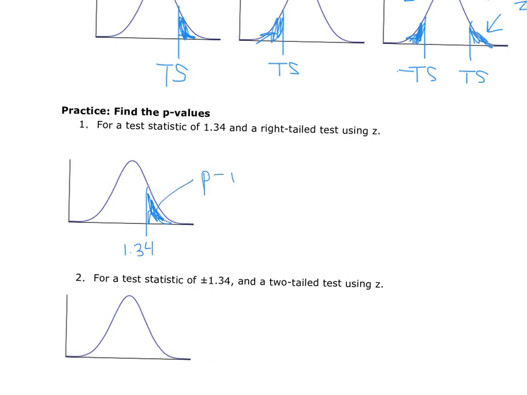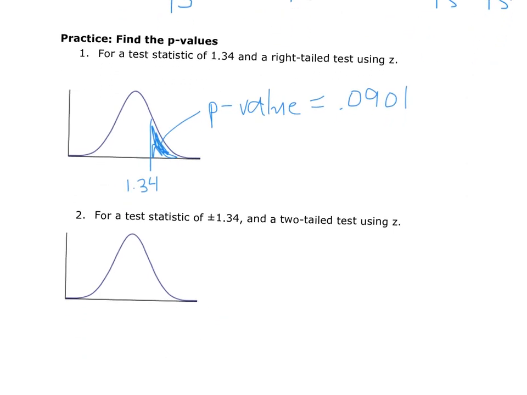If we plug that into our standard normal online calculator, we plug in the 1.34, and make sure we select the option for the right tail, and that gives us a probability of 0.0901. And that's it. That's what we calculate for this third step.